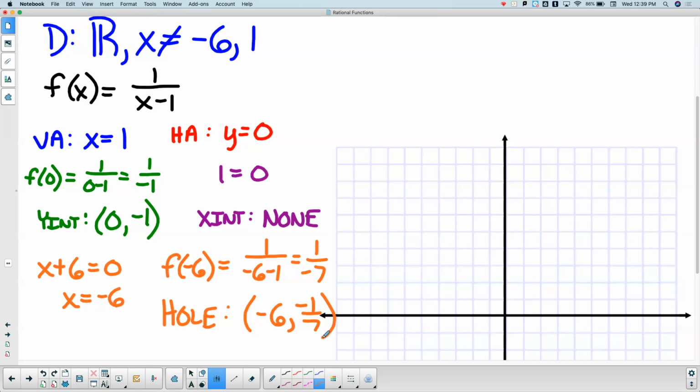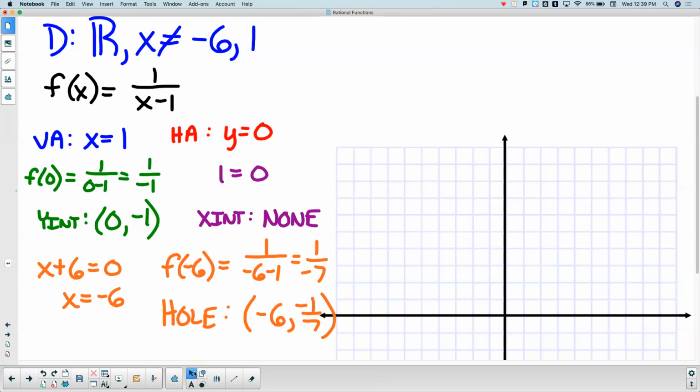That has a vertical asymptote at x equals 1, a horizontal asymptote at y equals 0. It's got a y-intercept of (0, -1). It doesn't have an x-intercept, and because I factored out x plus 6, that means my hole is going to be at (-6, -1/7). Agree with all of that as presented.